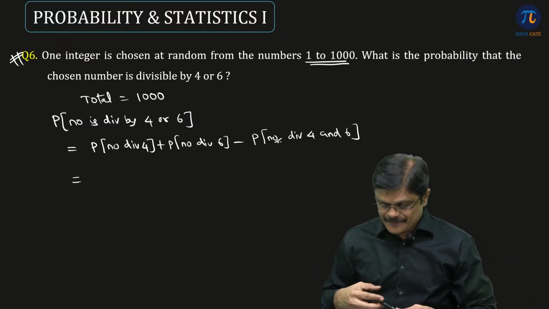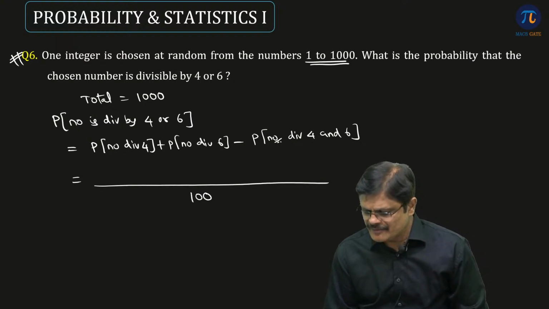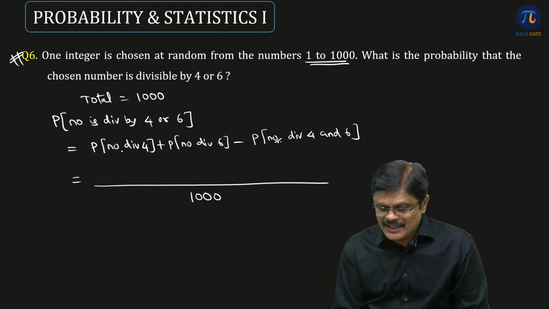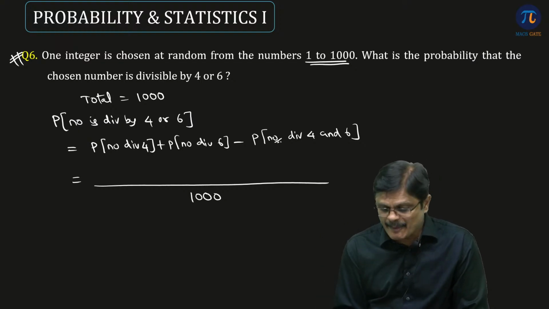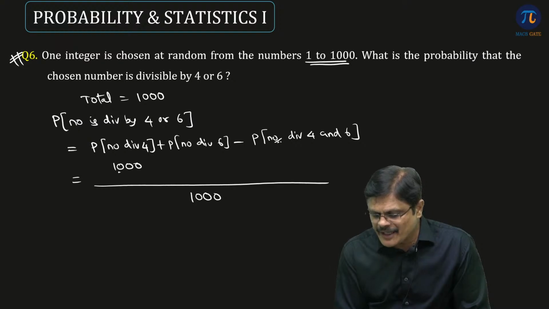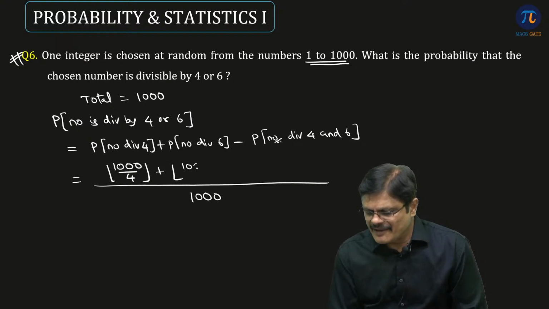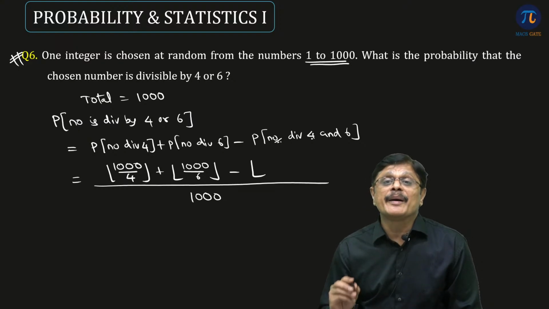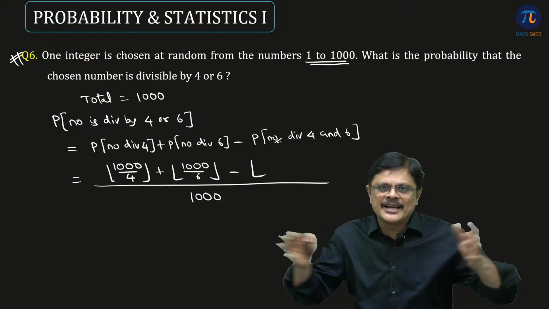Sorry for that. So the total denominator is 1000. That is total cases. How many from 1 to 1000 are divisible by 4? You can just divide 1000 by 4 and take the floor of it. How many are divisible by 6? Divide 1000 by 6 and take the floor of it. How many are divisible by both 4 and 6? You can't list and count directly.